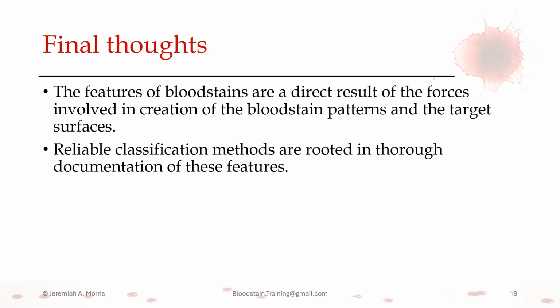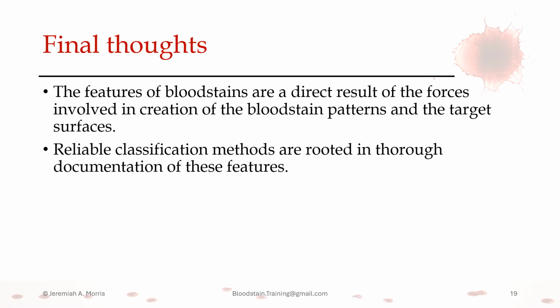And one of the things is the why behind those features. The reason why we see these features is because those are a direct result of the forces that are involved in how that pattern or how that stain was created, as well as the target surfaces, and to some extent also some other non-blood materials that might be mixed in with the blood within those patterns.